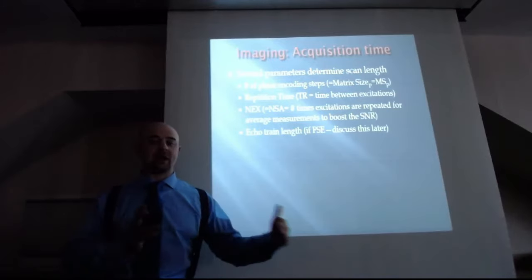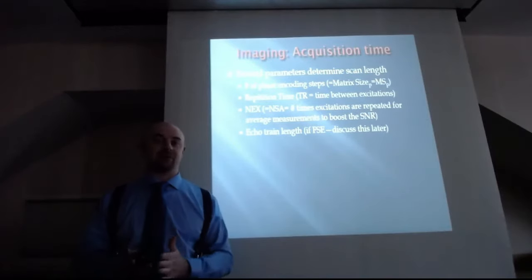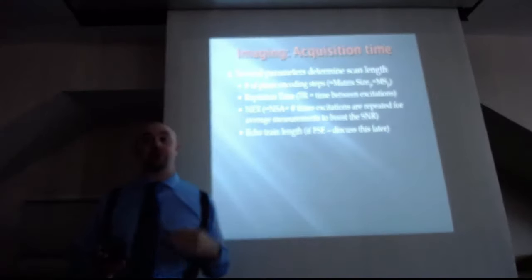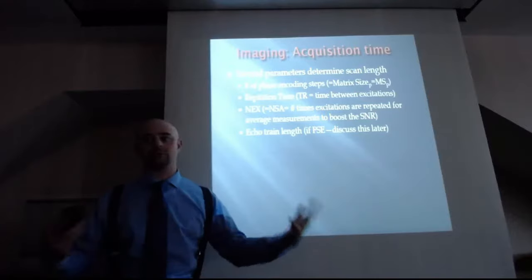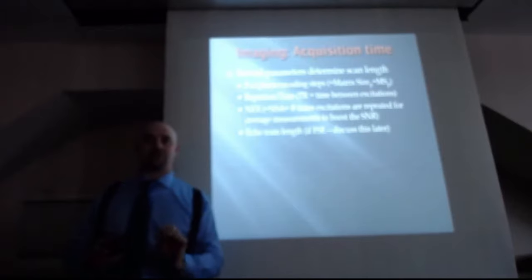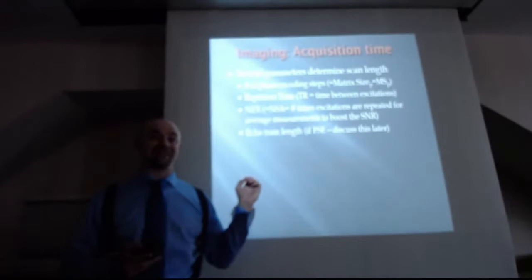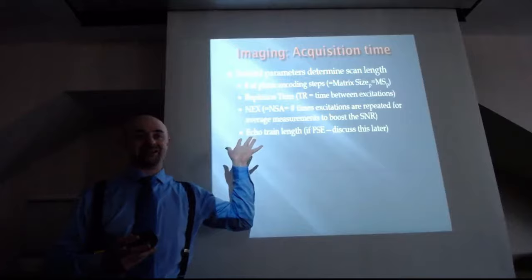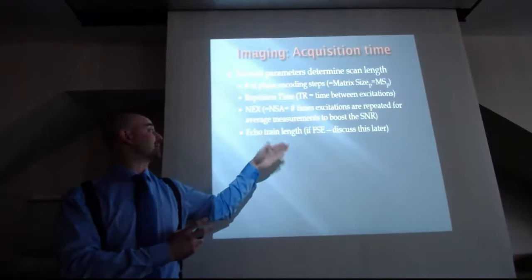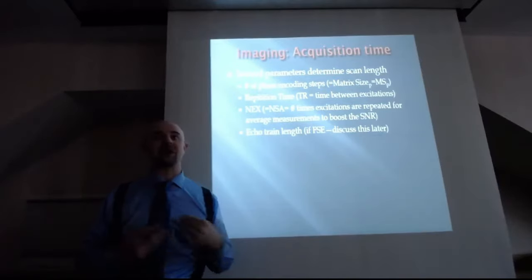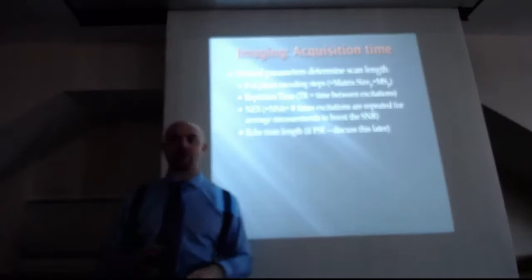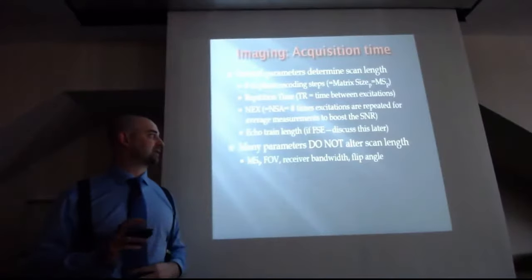So you repeat the echoes multiple times, and then you average them together. And if you recall, the signal increases linearly, and the noise only increases as a factor of the square root of your NEX. So when you do NEX, it's not integral to obtaining an image. Let's say if we're doing a 128 matrix, then you do 128 different MR experiments. If your NEX is 2, then you're going to have to do 256. Echo train length is relevant only for fast spin echo, which we're going to discuss next.